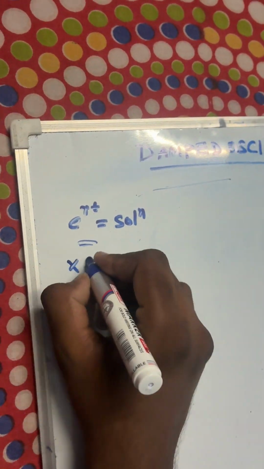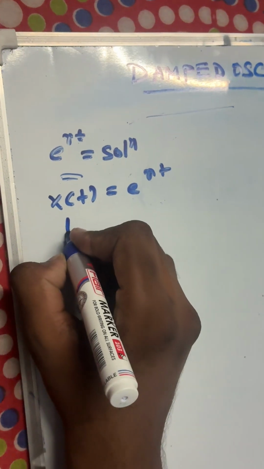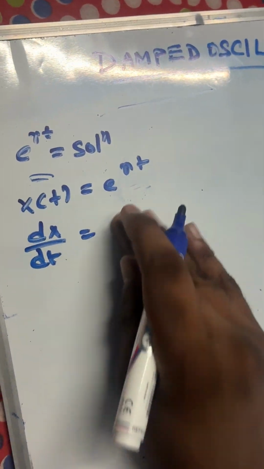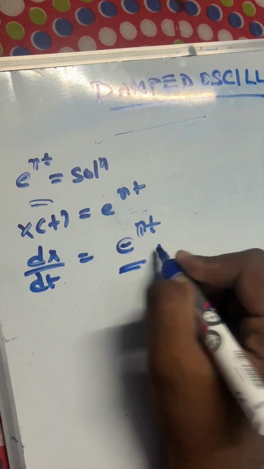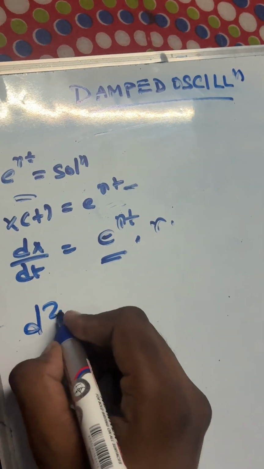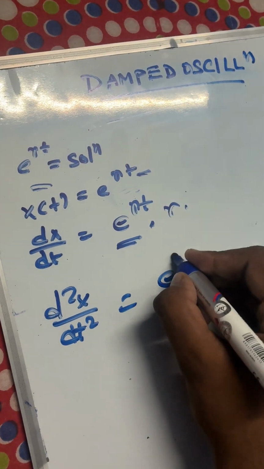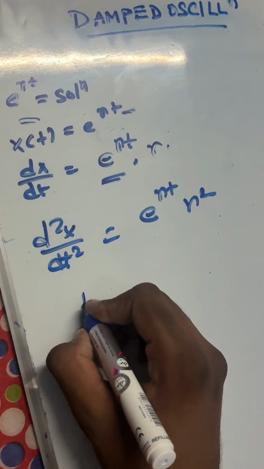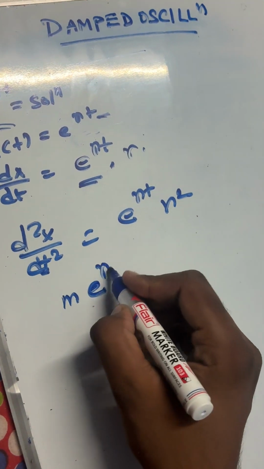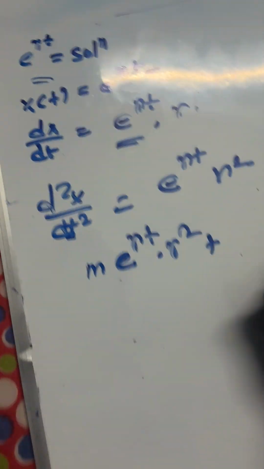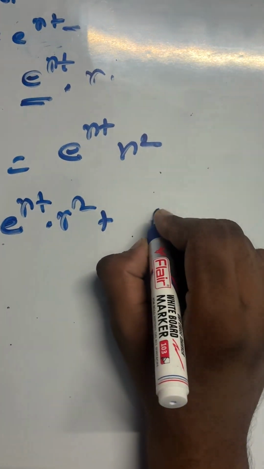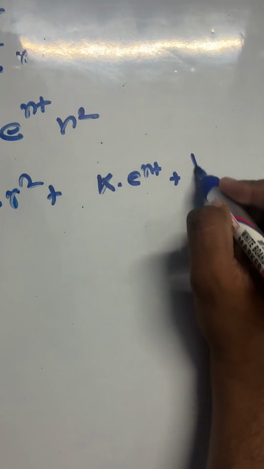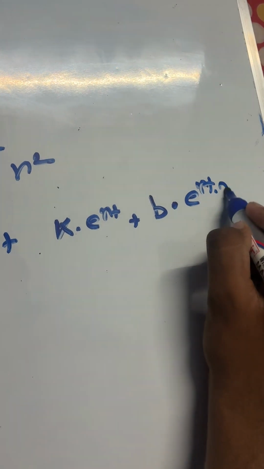So x of t is e to the power rt. dx by dt, differentiating with respect to time, gives e to the power rt times r. d square x by dt square, differentiating again, gives e to the power rt times r square. Just put it in the equation: m e to the power rt r square plus k e to the power rt plus b, the damping constant, into e to the power rt into r equals 0.